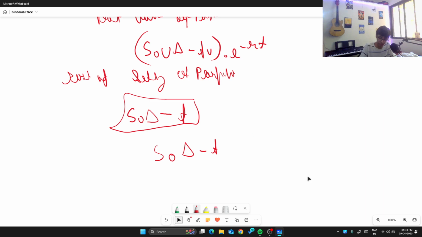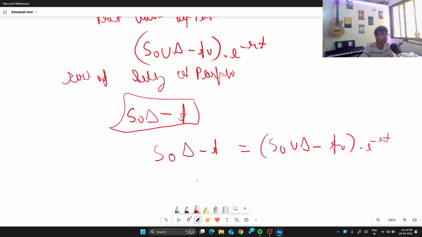So S0 delta minus f equals (S0 u delta minus f_u) e to the minus rT.